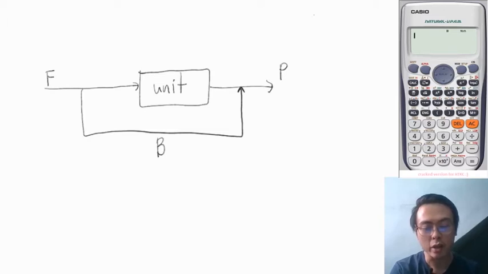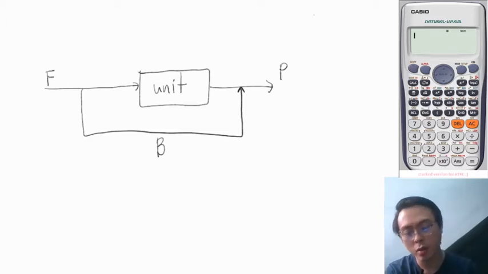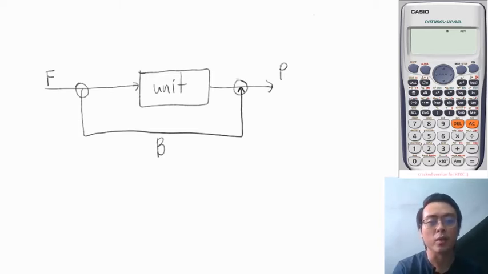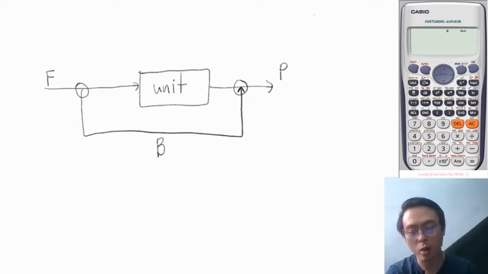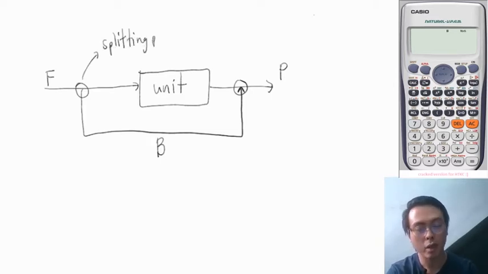You can see here that we also have 2 intersections, one over here and the other one in here. So these are also the splitting point and the mixing points, but since this is the opposite of recycle, these are now interchanged. This is now our splitting point, and this is now our mixing point.